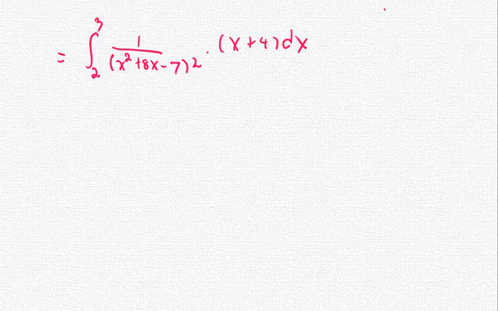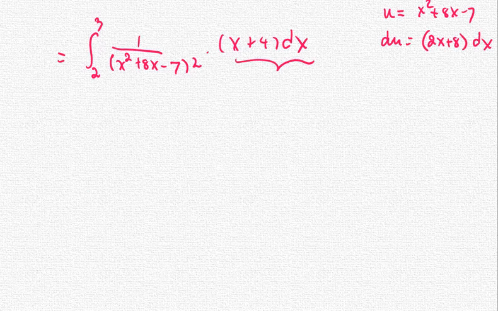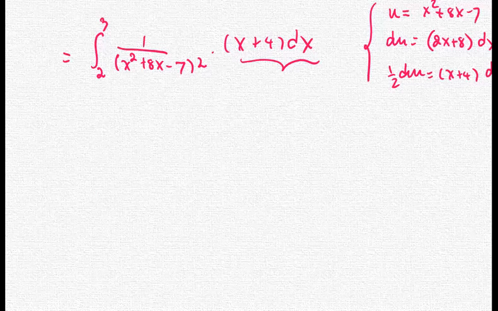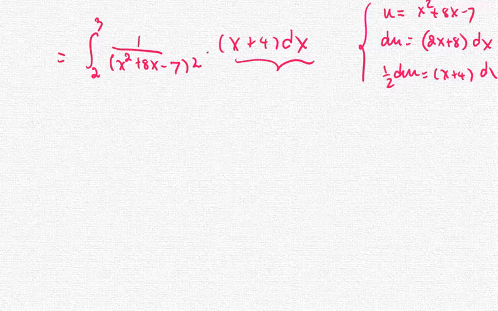And on the side note, since u is x squared plus 8x minus 7, du is 2x plus 8 times dx. And then we adjust it to fit whatever we have. So that means a half of du is x plus 4 multiplied by dx. And then we can bring everything back into the problem.